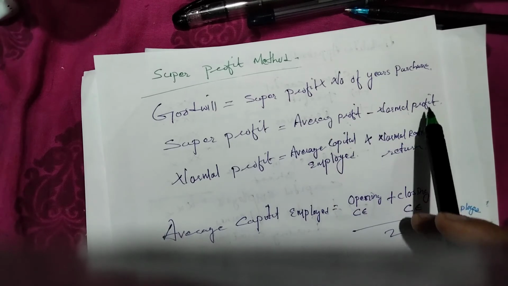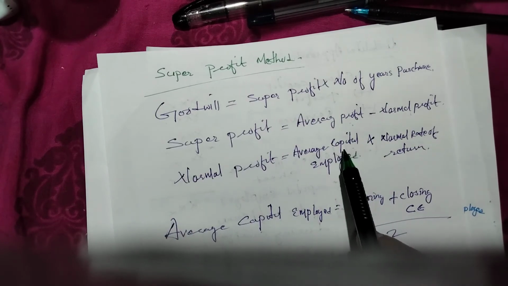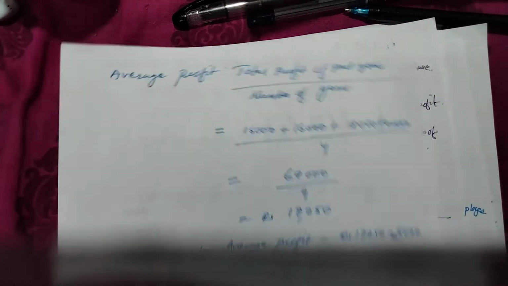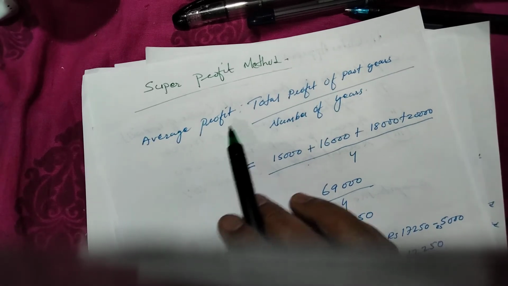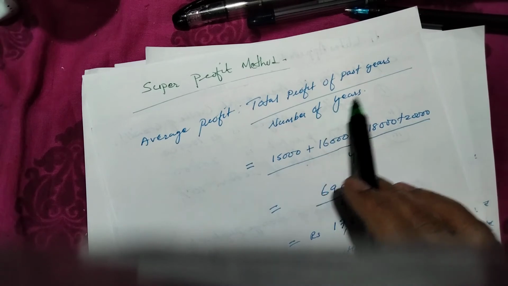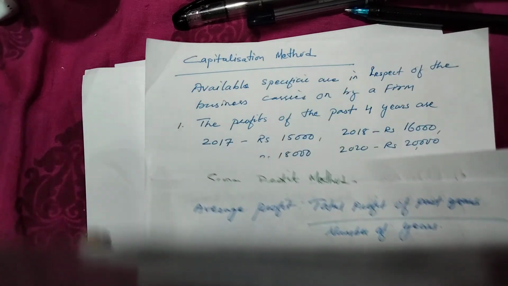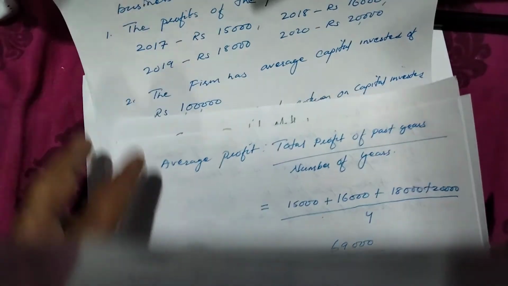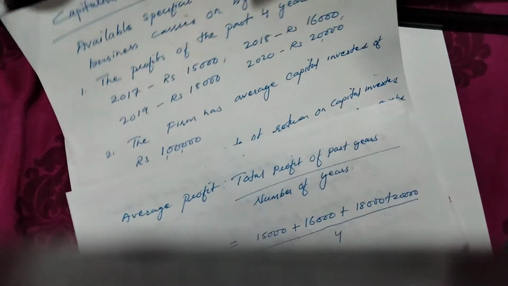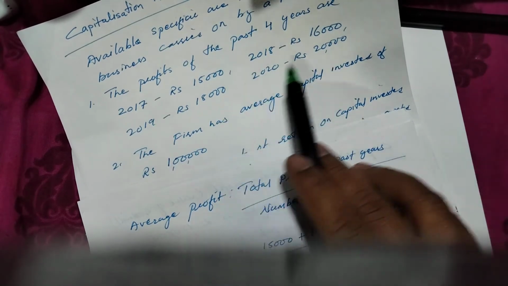First you have to find the average profit. Average profit is equal to total profit for the past years divided by the number of years. The profits of 4 years are given: 15,000, 16,000, 18,000 and 20,000.